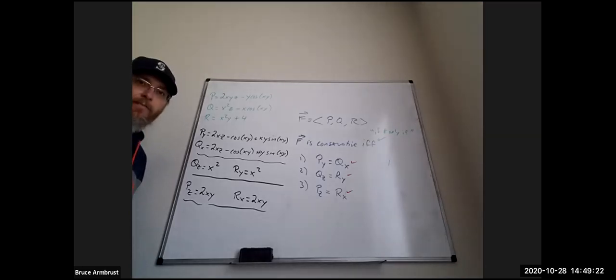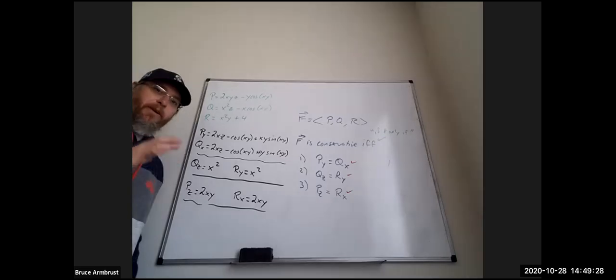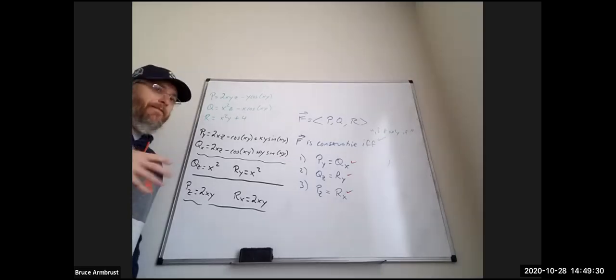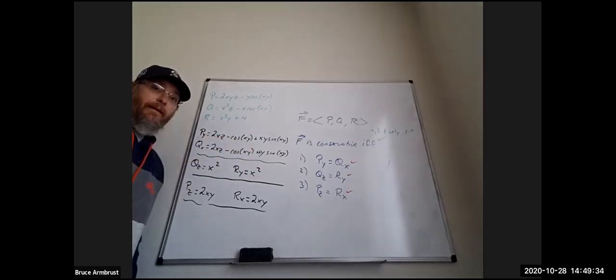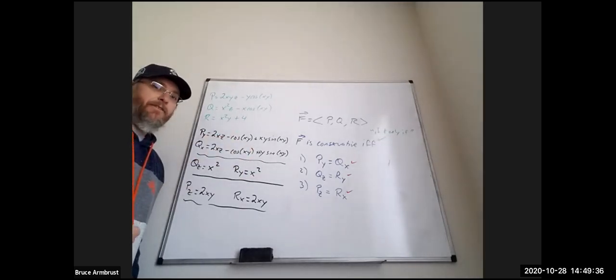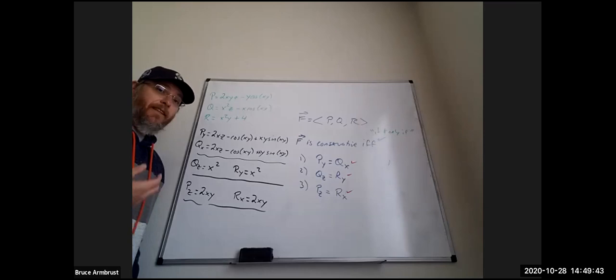Okay, it looks like we're out of time. So basically at this point, just think about what we talked about today. Vector fields are just functions that go from points to vectors. And conservative vector fields are special ones. They are fields that come from gradients of some kind of function.